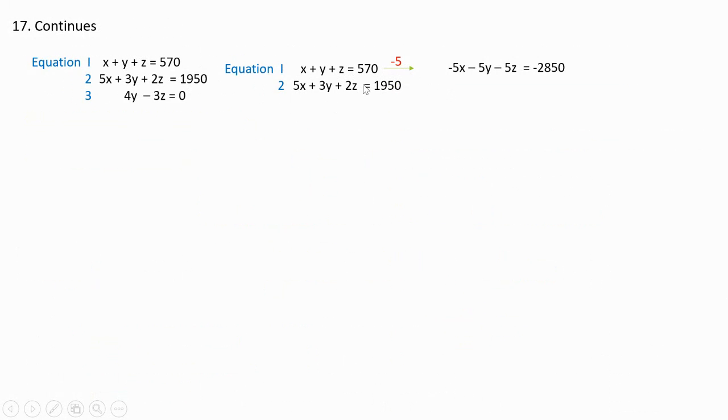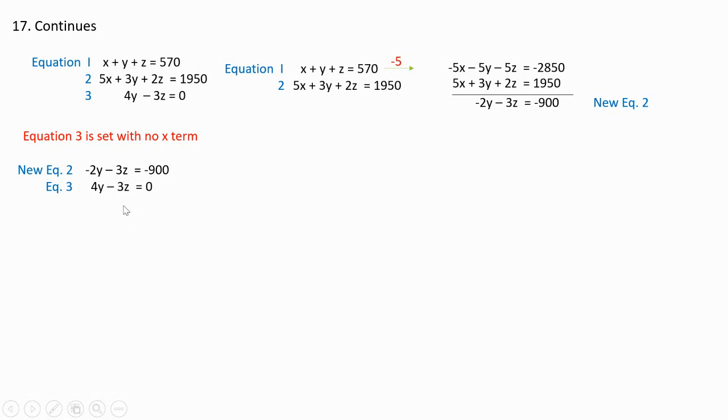But I need to multiply -5 times every term. So once we do that, equation 2, we just write it down. So we have negative 2y minus 3z equals negative 900. So that's my new equation 2. If we notice, equation 3 has no x, so we don't have to do that step anymore. So this is my new equation 3.